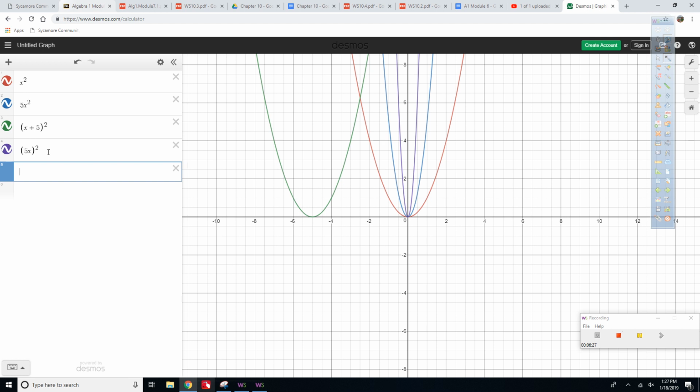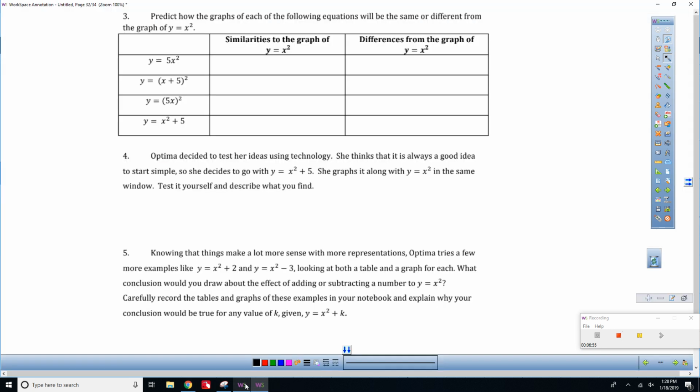So it's just getting big super fast. Now, what do you think x squared plus 5 is going to do? What did it do? The y-intercept moved up 5. Excellent, okay? So this is the great thing about Desmos, is you can actually figure out what's going on very quickly.